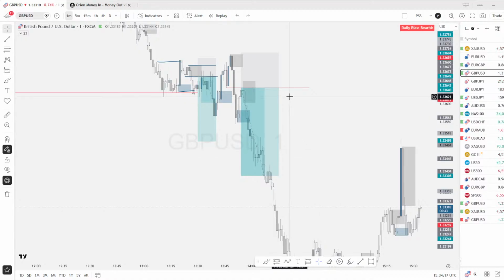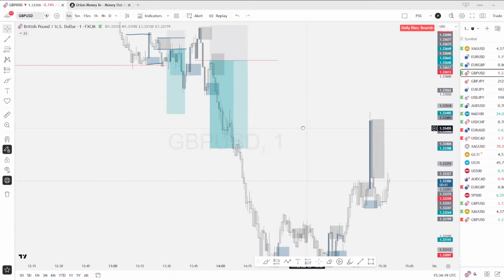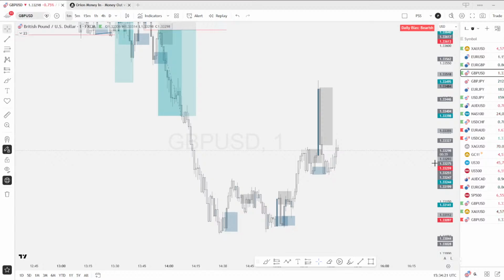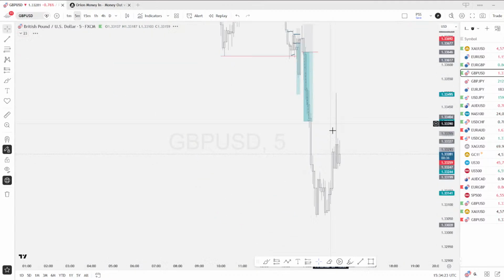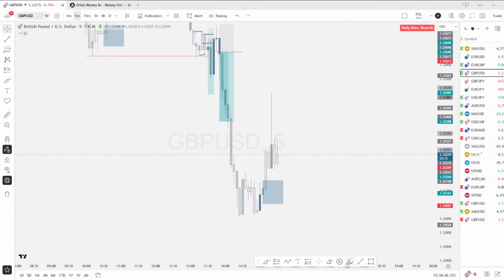So if our pairs are not delivering, we don't trade them. Instead of trying to force the entry upon the pair, we simply wait for the pair to give us an entry if it wishes to do what we'd like it to do.